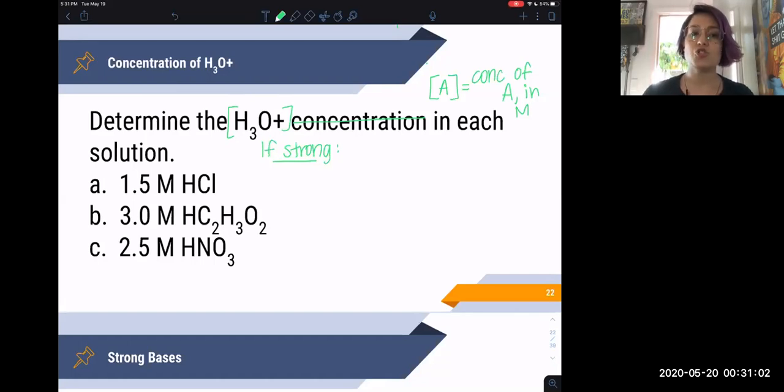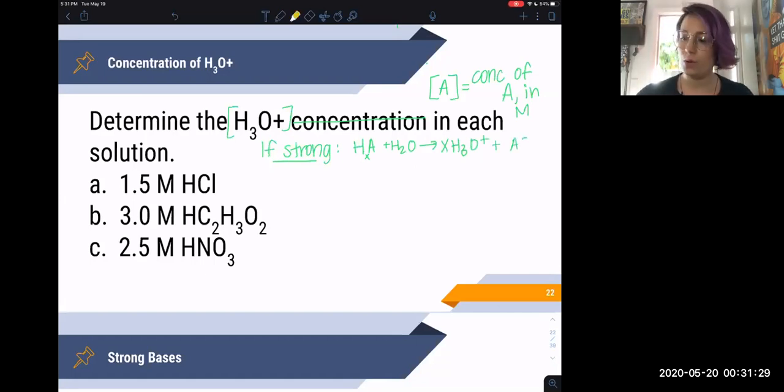If it's a strong acid, you can use a simple mole ratio to determine the concentration of hydronium. HXA plus water gives you X hydroniums plus A minus.